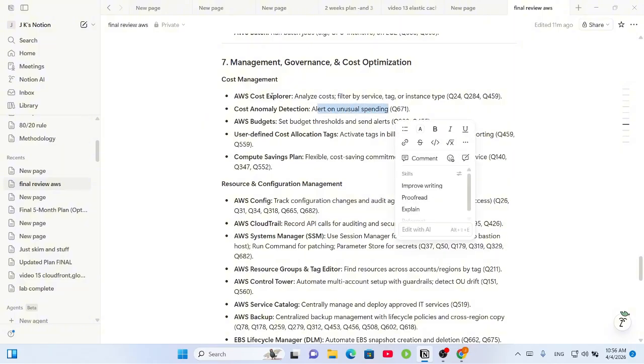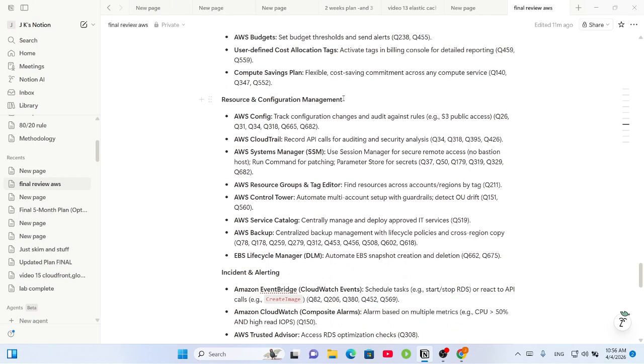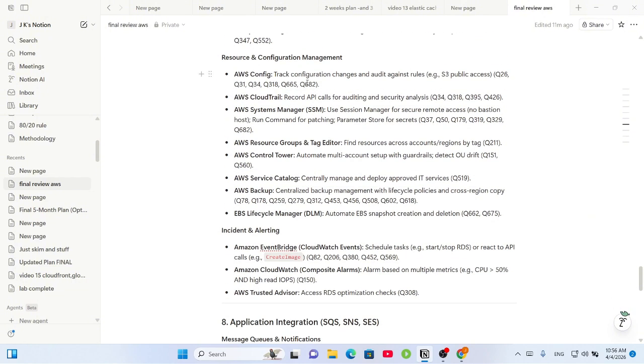Cost Explorer analyzes cost filtered by services, tags, instance type. All this can be done using Cost Explorer. And user-defined cost allocation tags activate tags in the billing console for detailed reporting. Compute Savings Plans are flexible cost saving, we've talked about it also. So here we have resource and config management.